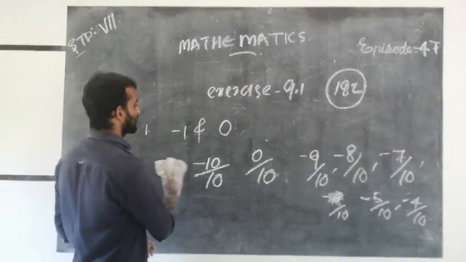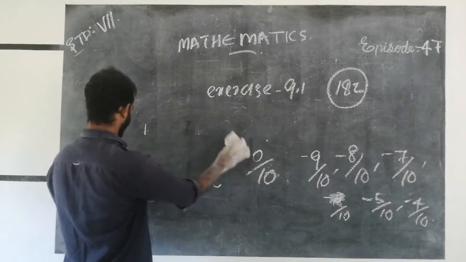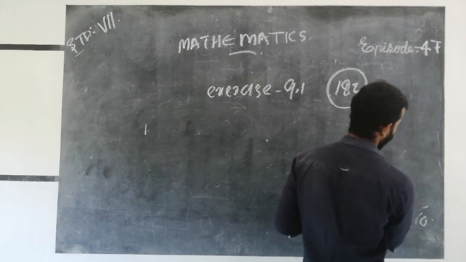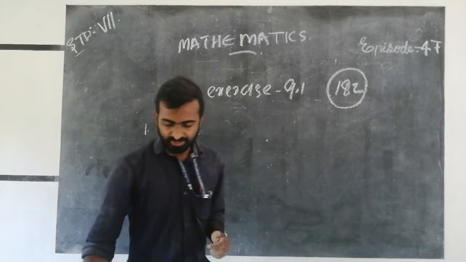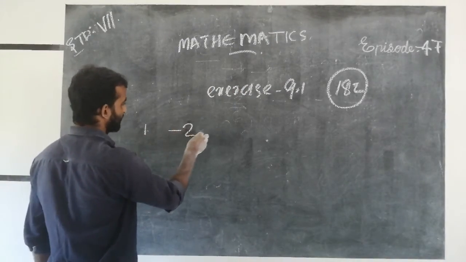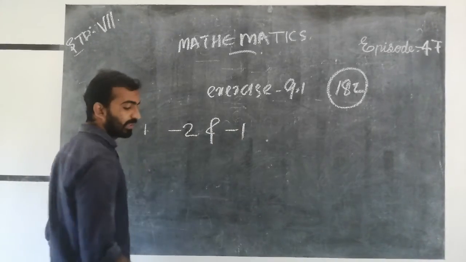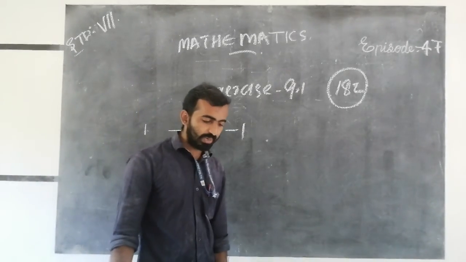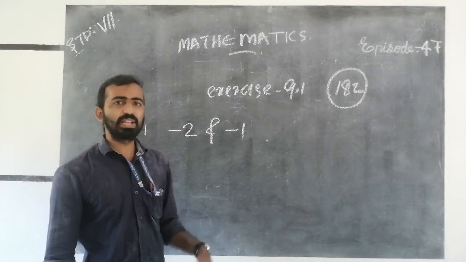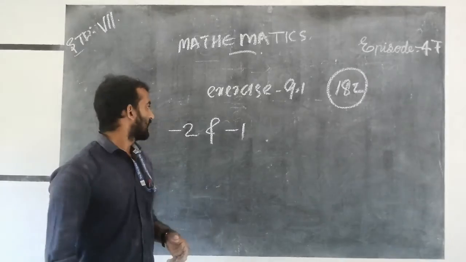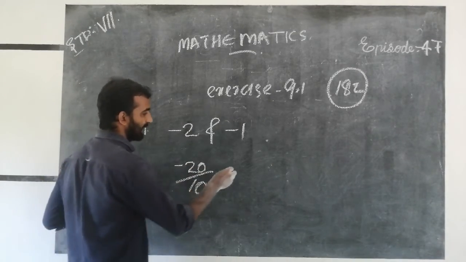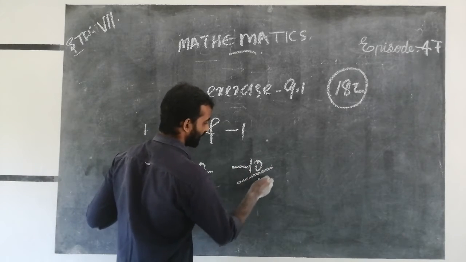And the second part is negative 2 and negative 1. Here also we can take the denominator as 10 or 5 or 15 etc. Here we get negative 20 by 10 and negative 10 by 10.